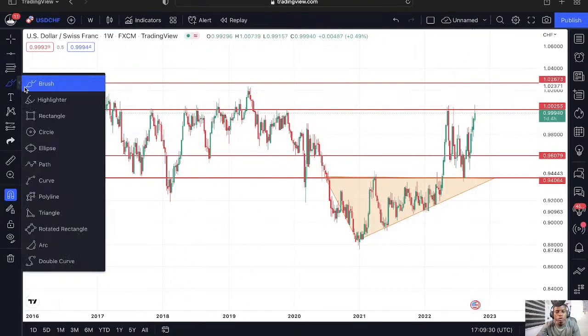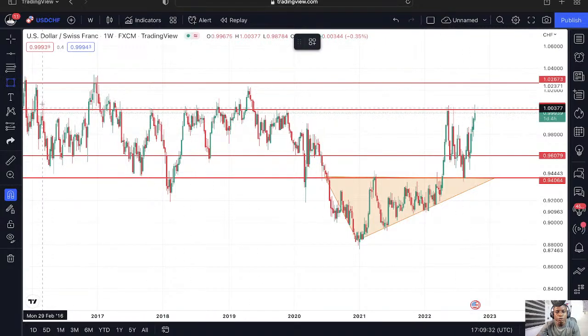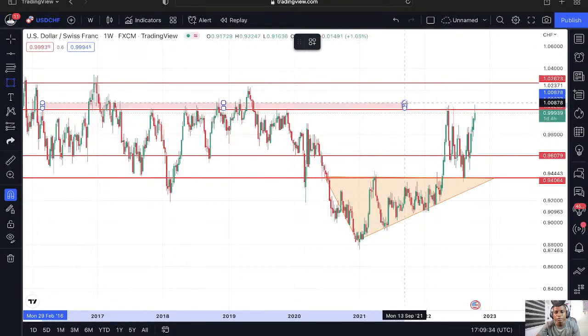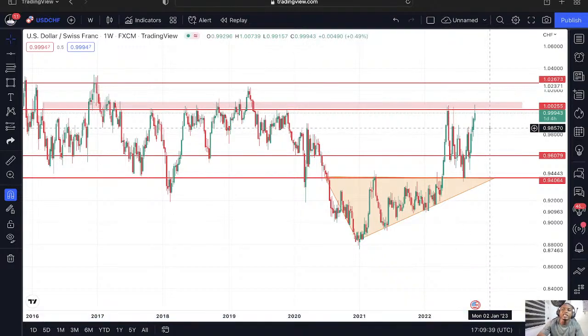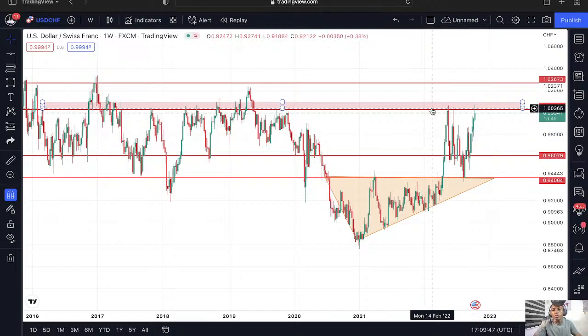So you discover that this level has been a key resistance zone, a zone where sellers are locked in.